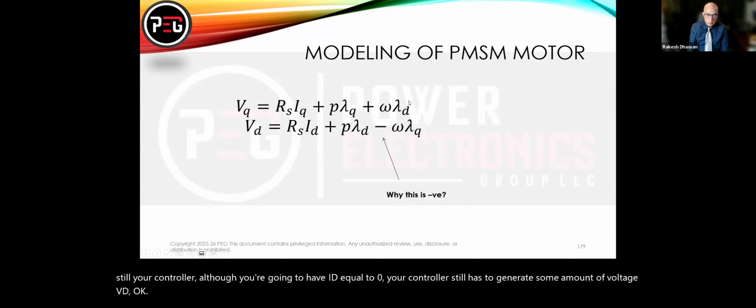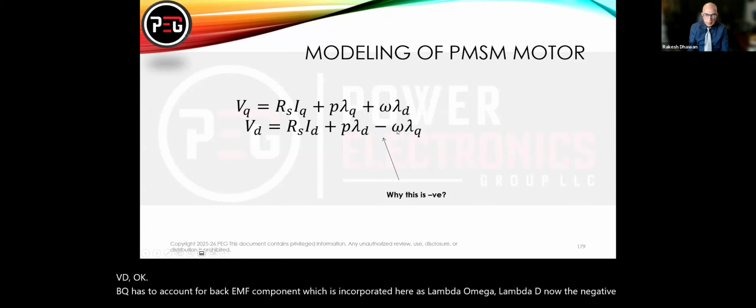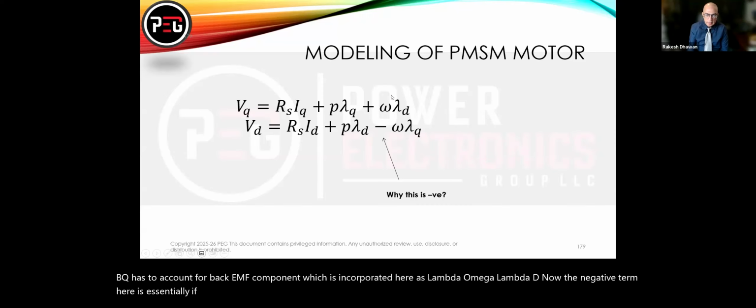VQ has to account for the back EMF component, which is incorporated here as omega lambda D. Now the negative term here is essentially, if you look at the back EMF term in terms of DQ, you're going to have a negative component of the back EMF that has to be accounted for in VD.